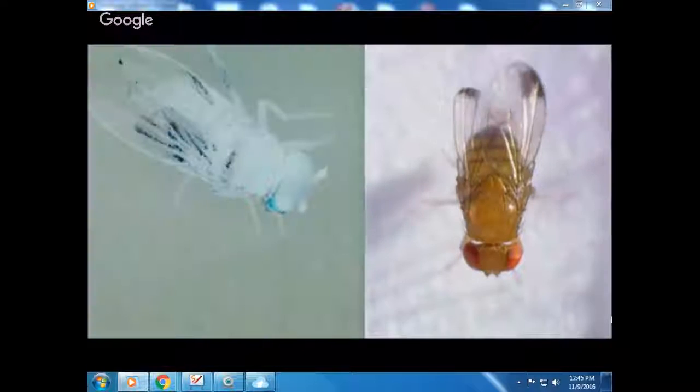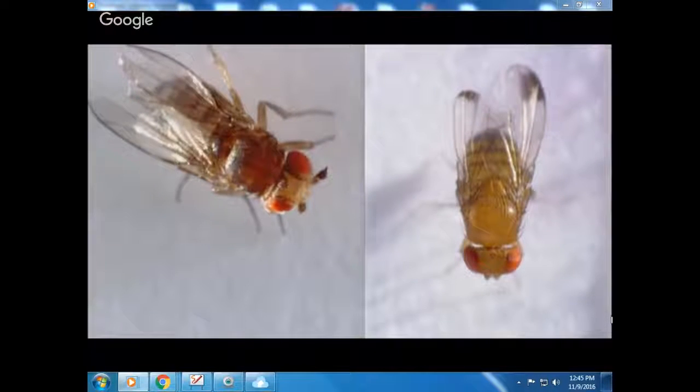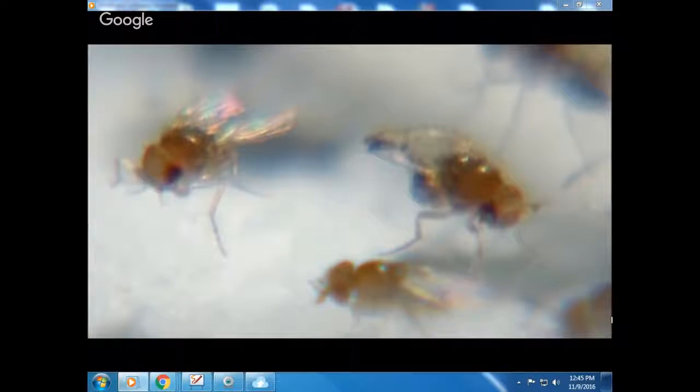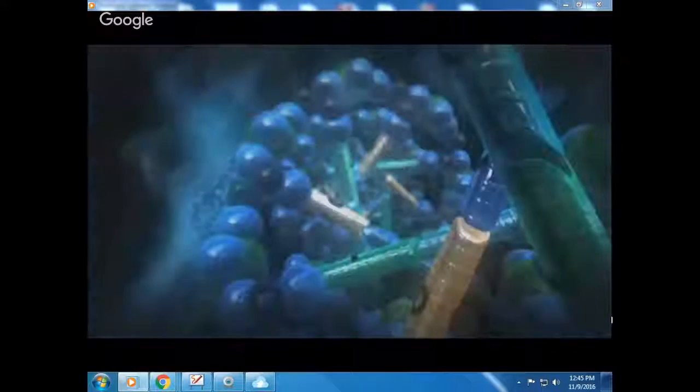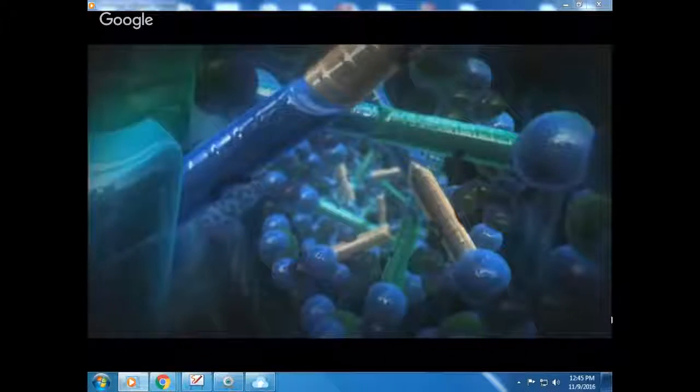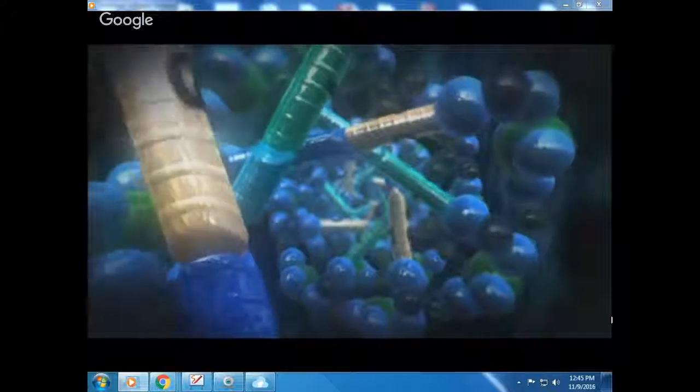So why did the paintbrush gene create spots in one type of fly, but not in the other? In search of answers, Carroll turned to one of the least understood regions of DNA, the vast stretches that were once known as junk. It has been called the dark matter of the genome.